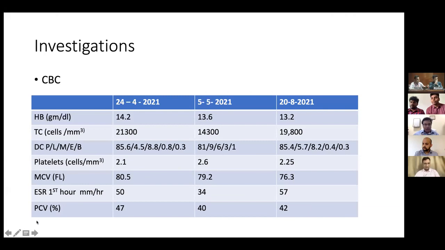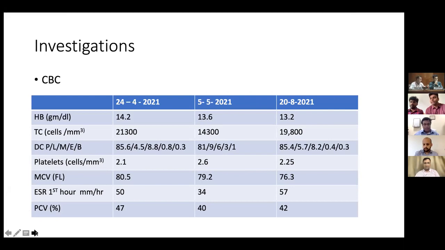Okay. So the investigation done on 20th August shows a count of 19,800, 85% polys. So what does that mean to you at this point of time? At this point, I would suspect infection, sir. Because on examination we found an epigastric mass, and he had a significant history of high-grade fever.